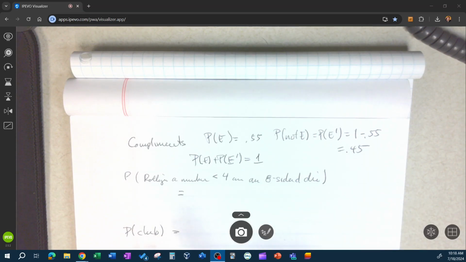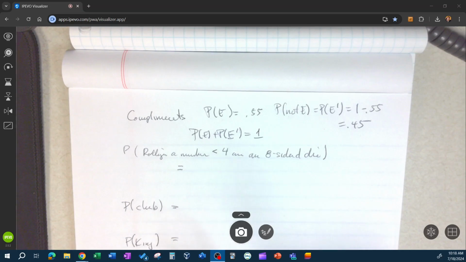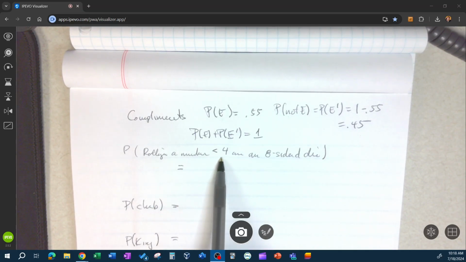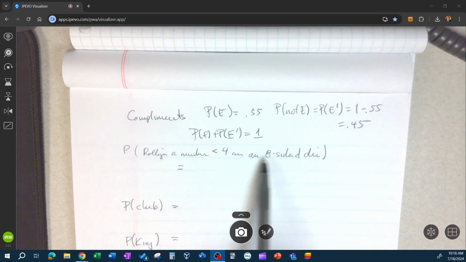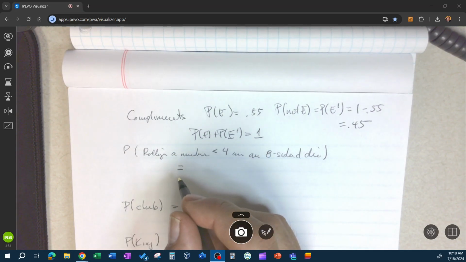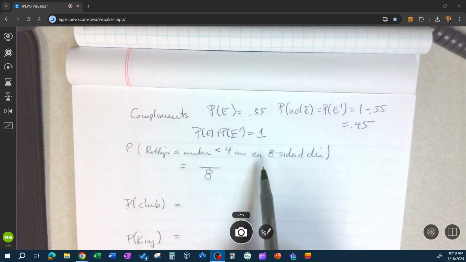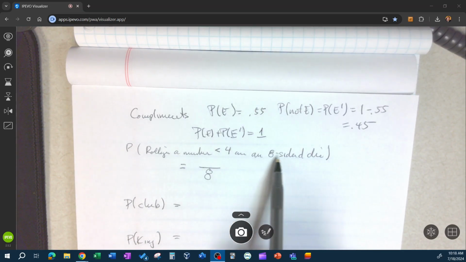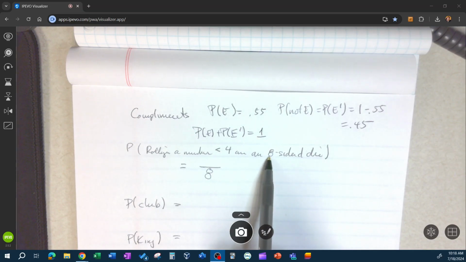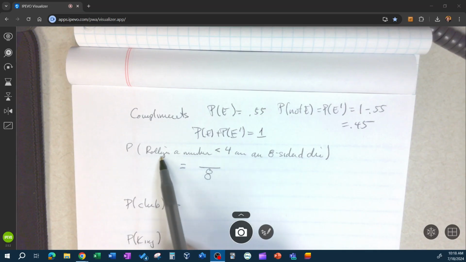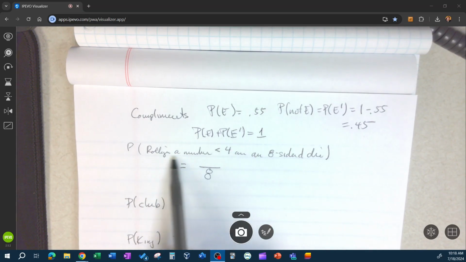A few more probability questions. Rolling a number less than 4 on an 8-sided die. All right, what's that probability? While we know the denominator is the size of the sample space, in this case there's 8 possibilities on an 8-sided die, and the probability of this event is less than 4.